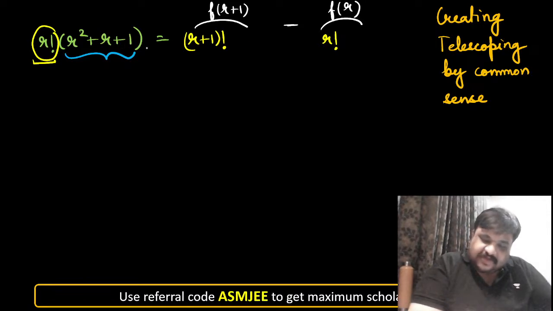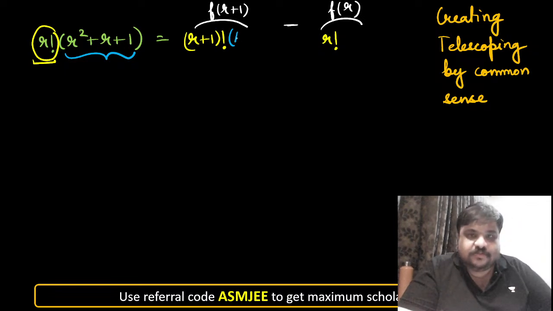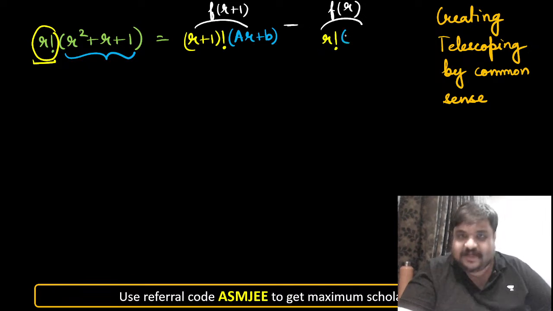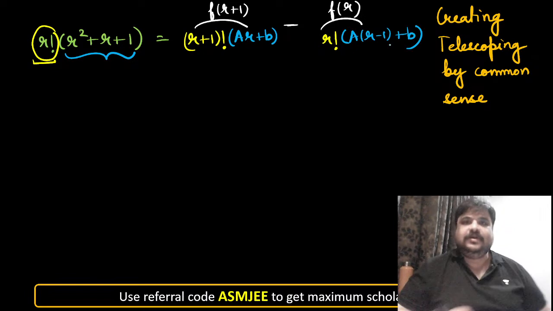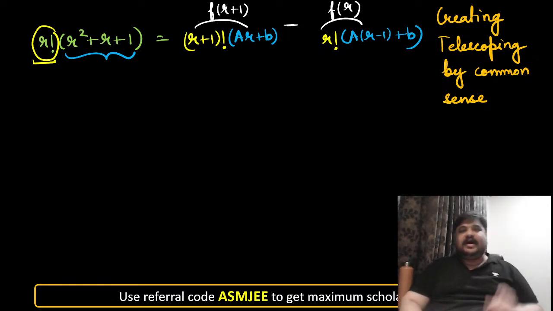So when you take r factorial common, one r plus 1 is left over here. So assume that some linear is with this. Here also there will be a linear, but the smaller version of it. That means instead of r, it will be a times (r minus 1) plus b. So this is what we have assumed, that this should look like this after breaking.